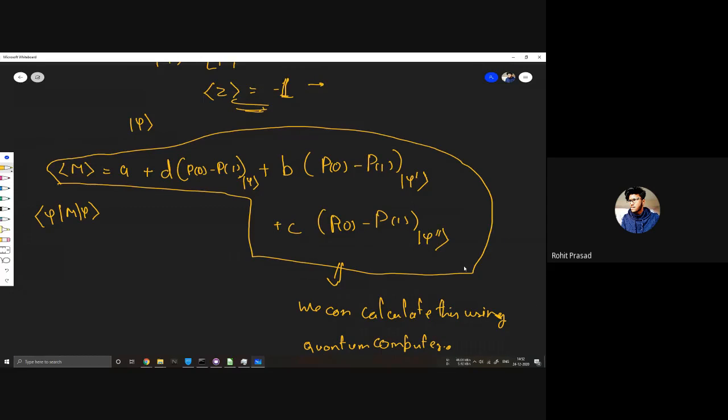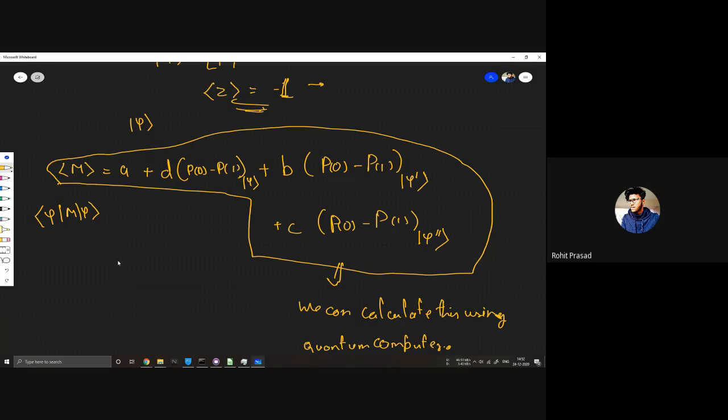Now, a quantum computer itself can't optimize it. It can find the probability, but it can't optimize the state. So we need a classical computer to do that: change psi a bit, see if the new expectation value of M is less than or greater than that, and work on that.